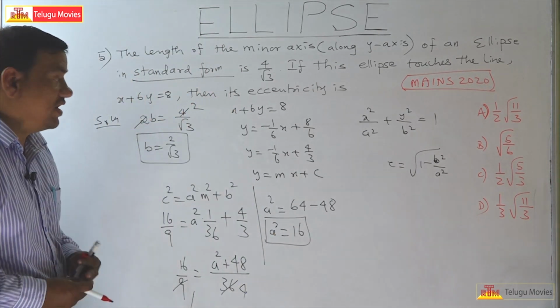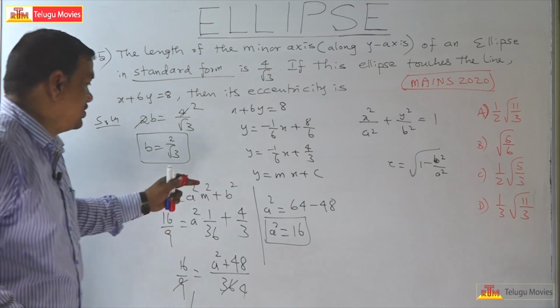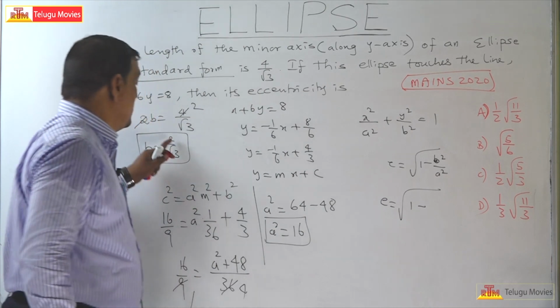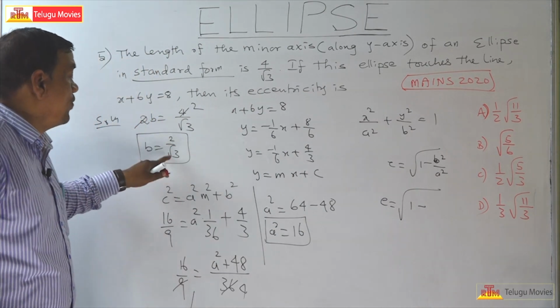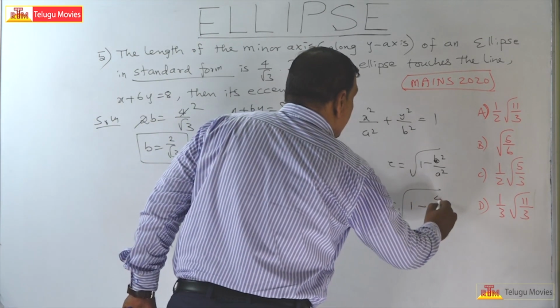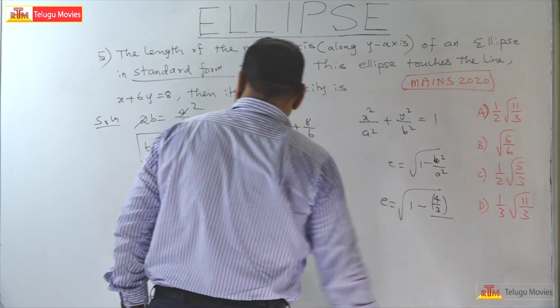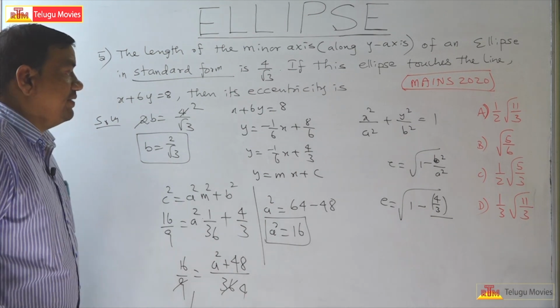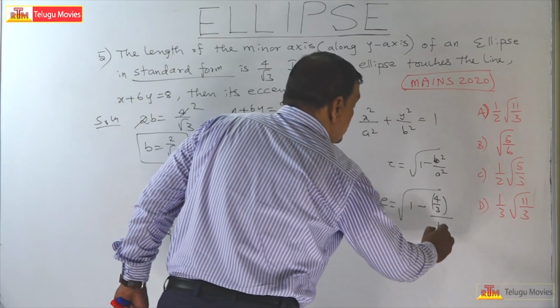Now we found the a value. a square value is equal to 16. Now your eccentricity e is equal to root of 1 minus b square by a square. b square is equal to 4 by 3, right? And a square is 16.